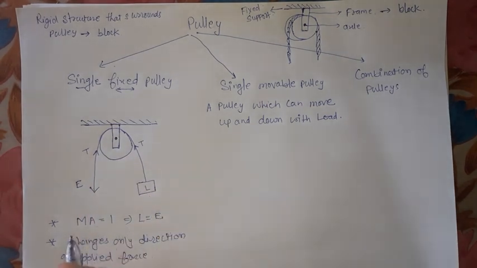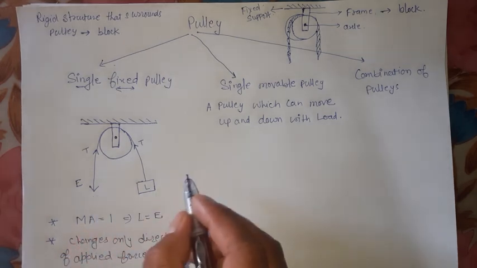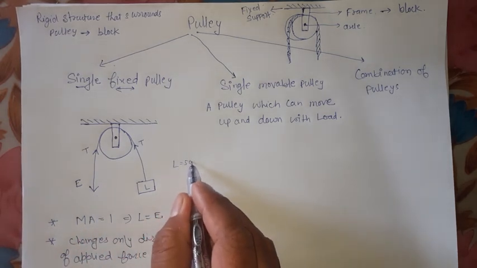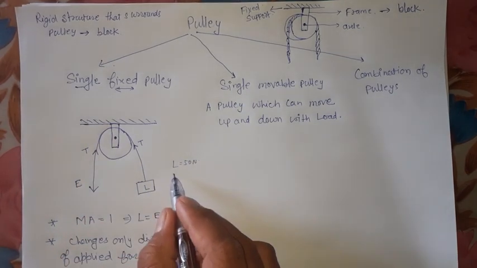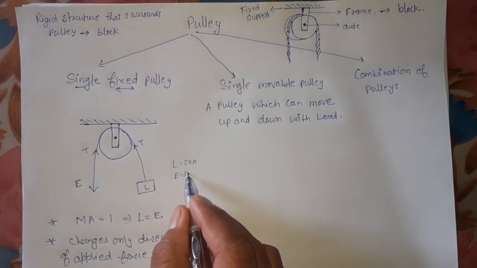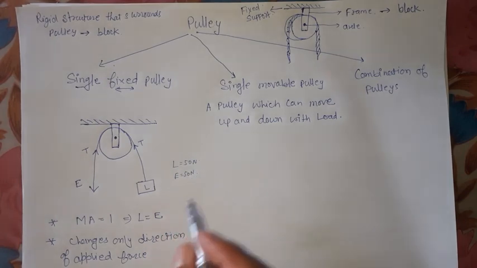Its mechanical advantage was 1, therefore load equals effort. If I have a load of 50 Newton, the effort I apply with the help of a single fixed pulley will also be 50 Newton. So the purpose of the single fixed pulley is only the change in force direction.